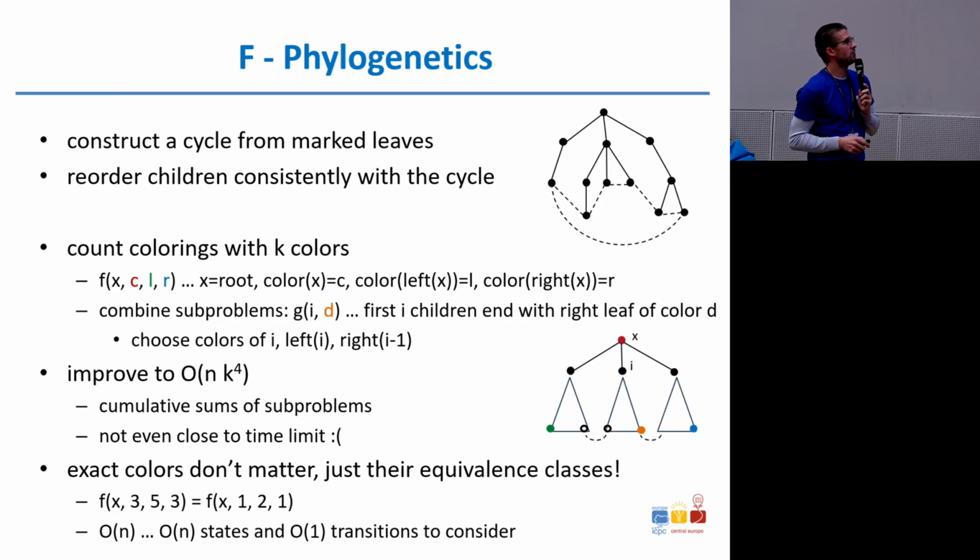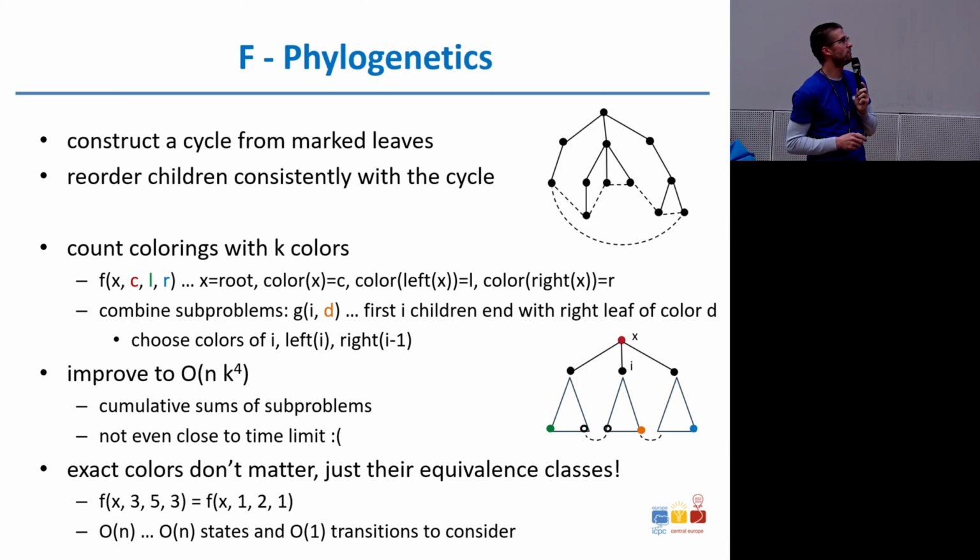I'll be interested in how many ways there are to color the first children so that they start with the green one but end up with the orange one. And then I have to choose the colors of this node i and the leftmost and the rightmost node.